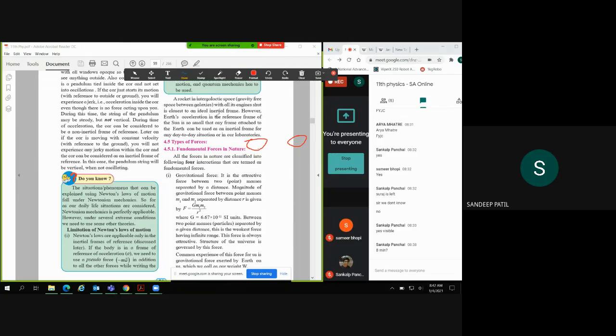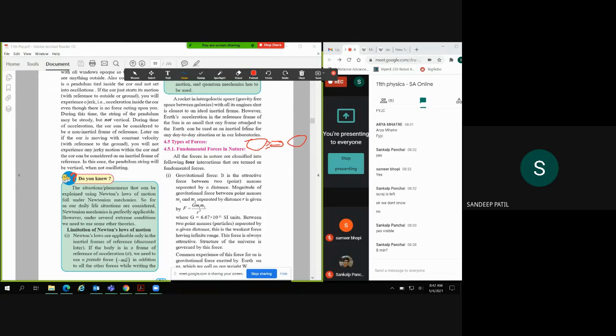So if we consider that rocket with all its engines shut down, this rocket is in between galactic space.